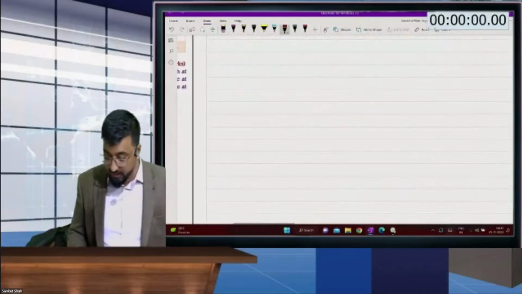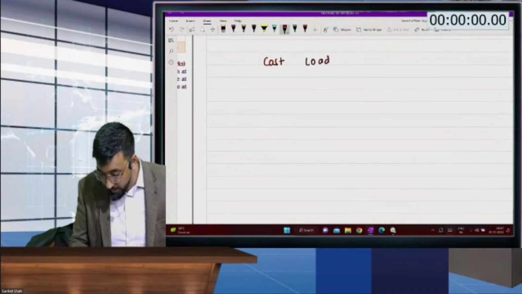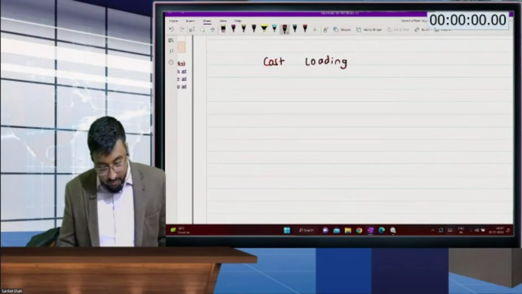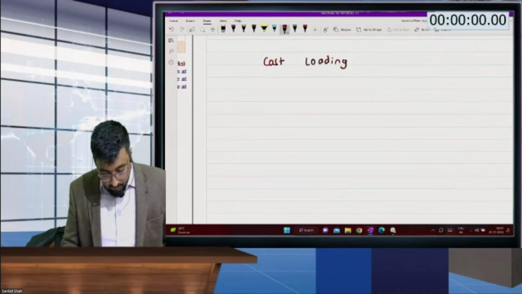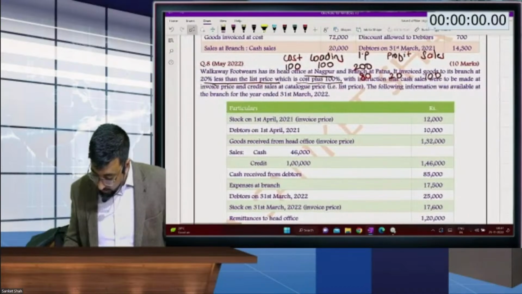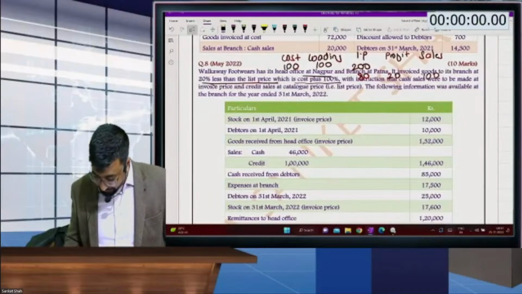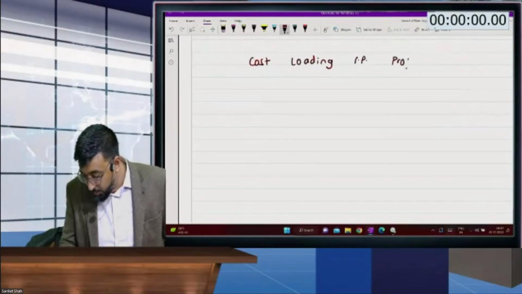Okay, so now see. I will tell you. Cost, now this is very important. Loading, after cost comes loading. Invoice price, then you have profit, then you have sales.